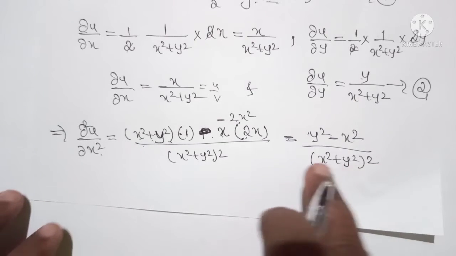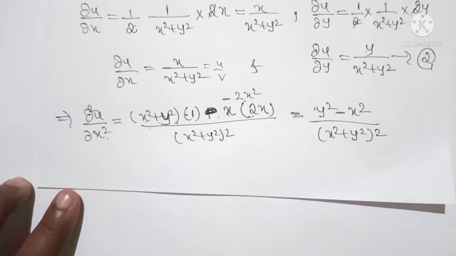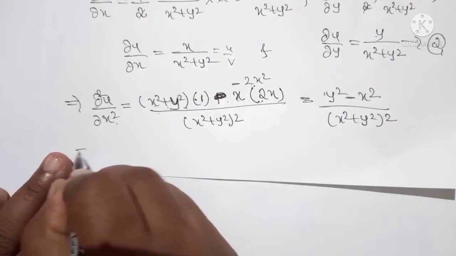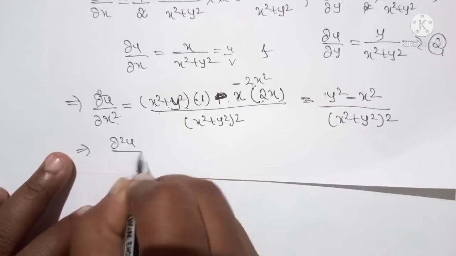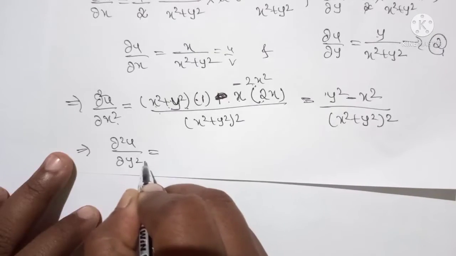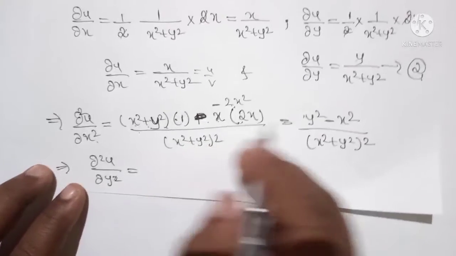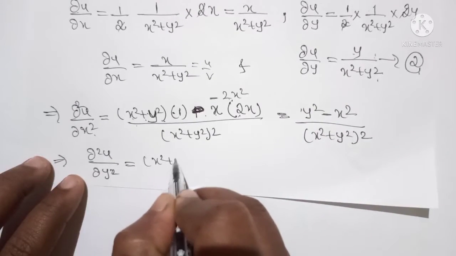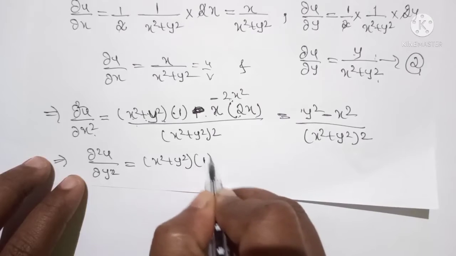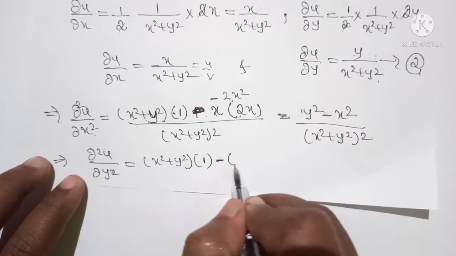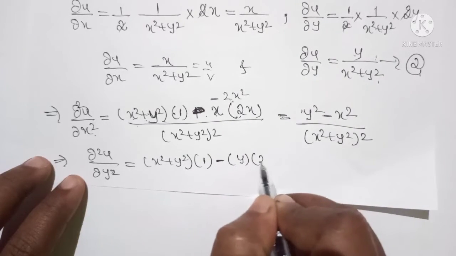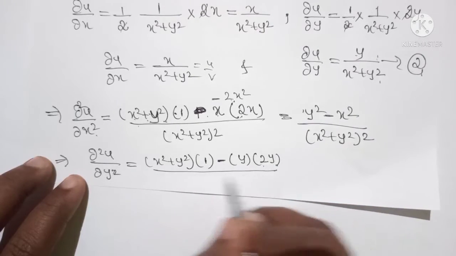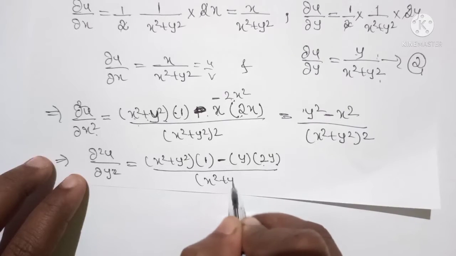So similarly we get dou square u by dou y square value. Dou square u by dou y square equals, again same, here also we have to apply the u by v formula: denominator into differentiation of numerator minus numerator as it is, differentiation of denominator, so that is 2y divided by denominator square.